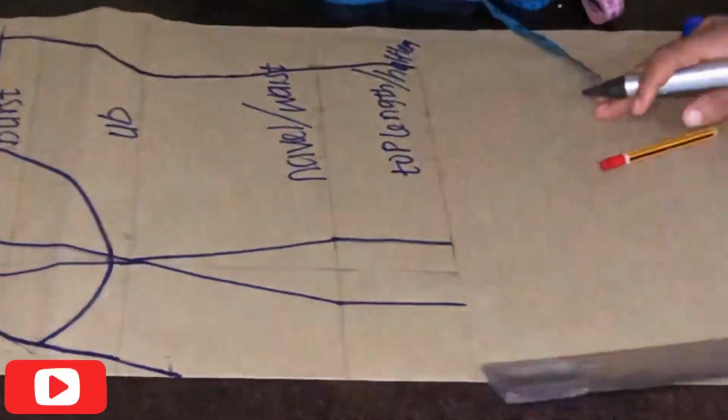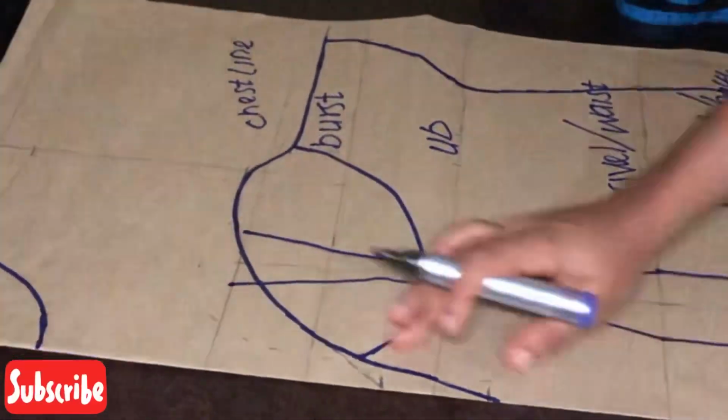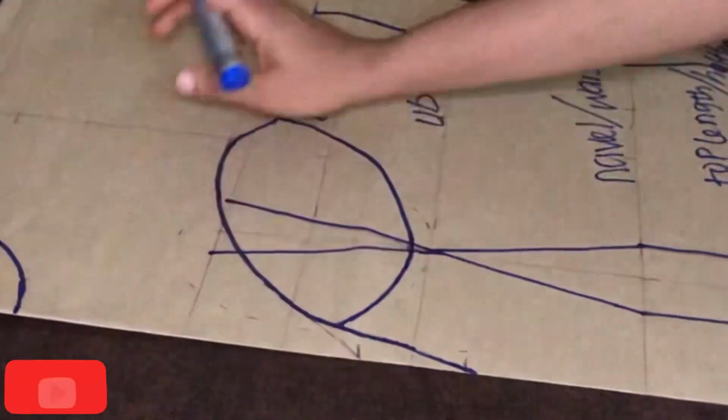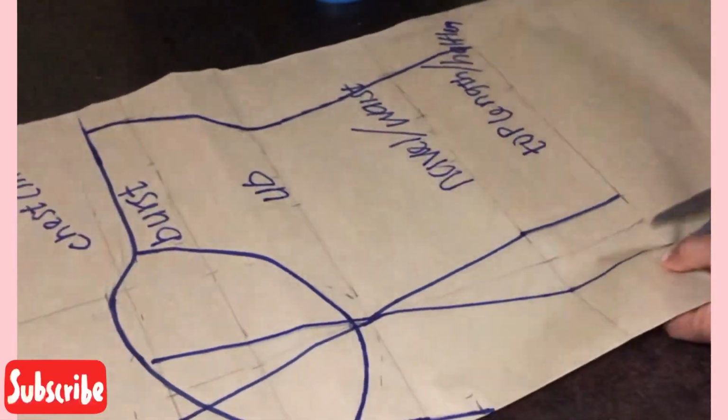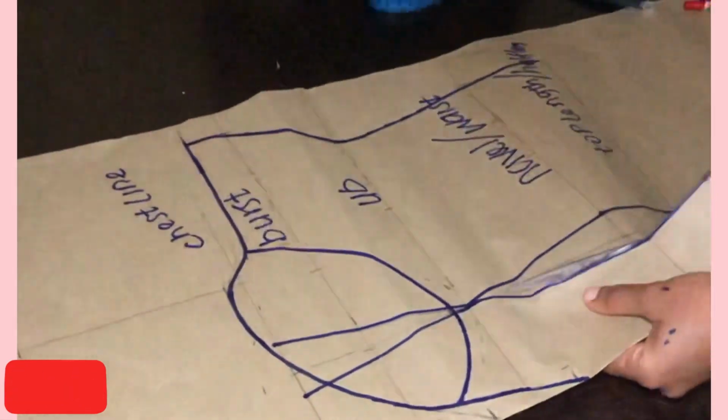I won't be outlining the armhole area. After cutting the pattern, I'm going to draw my armhole so that what I have at my illusion part or my upper body will match with the corset area. Then I'm just going to cut out my pattern.